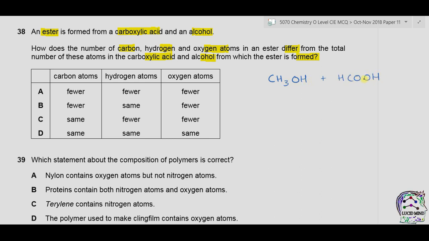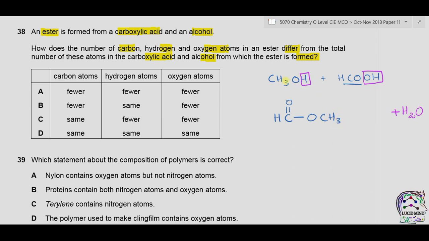When alcohol combines with carboxylic acid, a condensation reaction takes place and H is removed from the alcohol and OH is removed from the carboxylic acid. So we have H2O that is removed and the remaining parts combine together to form the ester. So we can write HC double bond O, this part, then we have oxygen, then we have CH3.